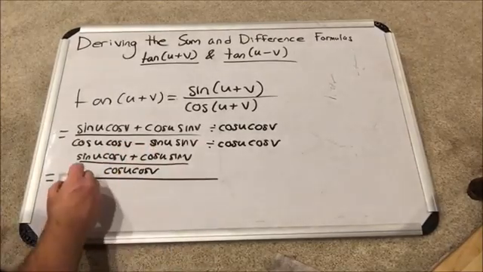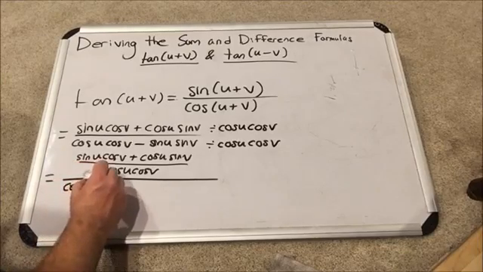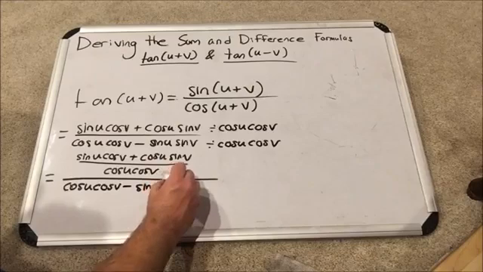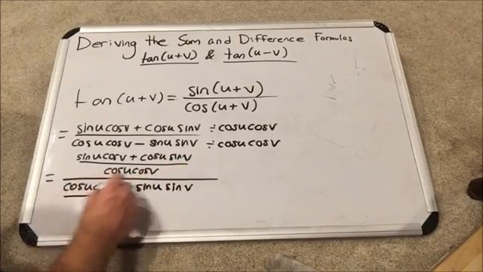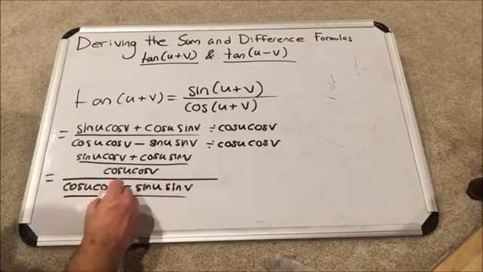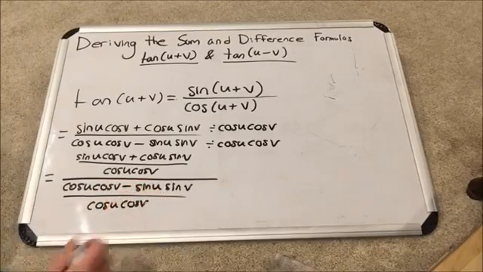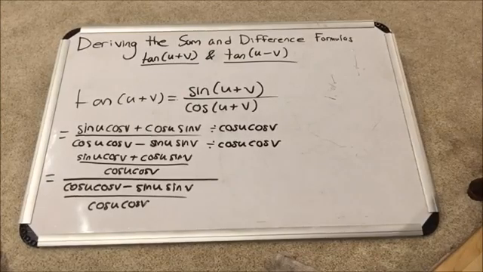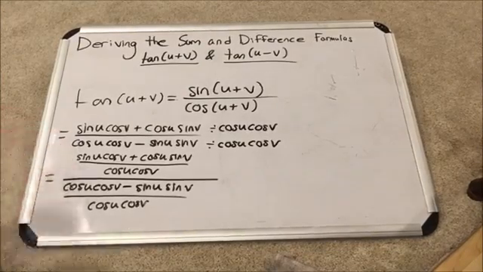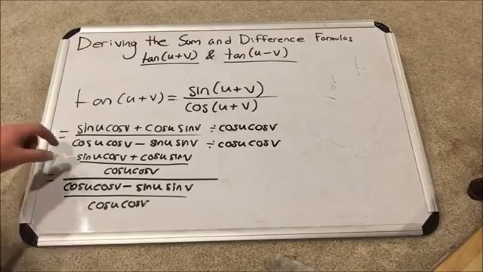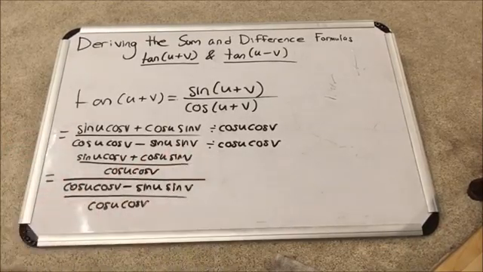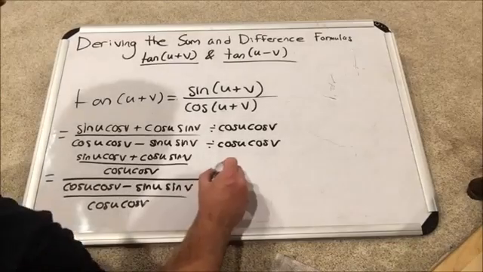Now, the denominator is cosine u cosine v minus sine u sine v all over cosine u cosine v. Oh my gosh, this is getting out of hand, it seems. But not to worry, it's going to start simplifying right now. Both the top and the bottom can be written as 2 separate fractions. You're going to see stuff start to cancel when we do this. So let's begin.